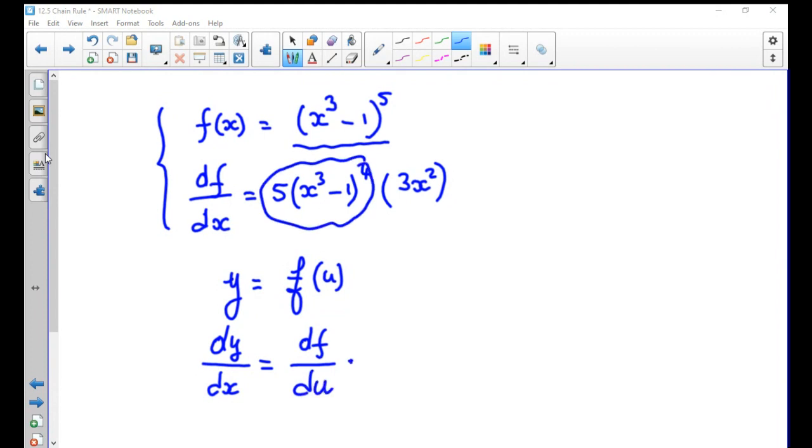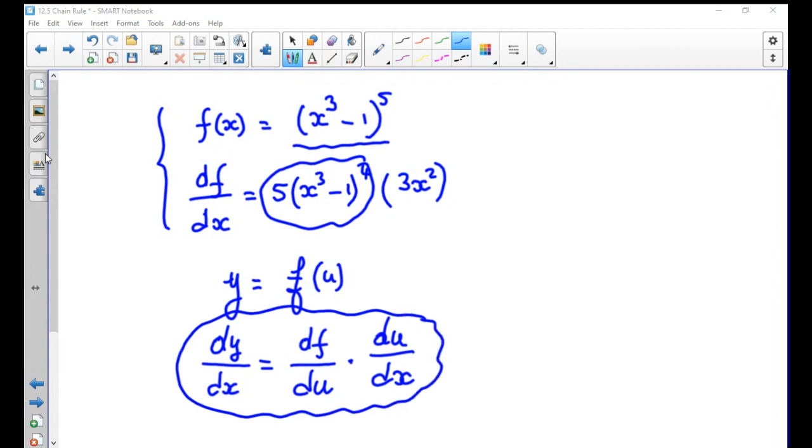And then you need to multiply that by du over dx. And what you're getting here is basically the chain rule with one variable. The same idea exists for two variables and three variables, etc.